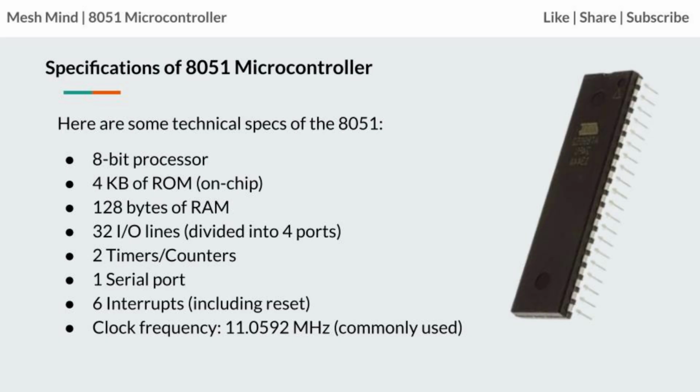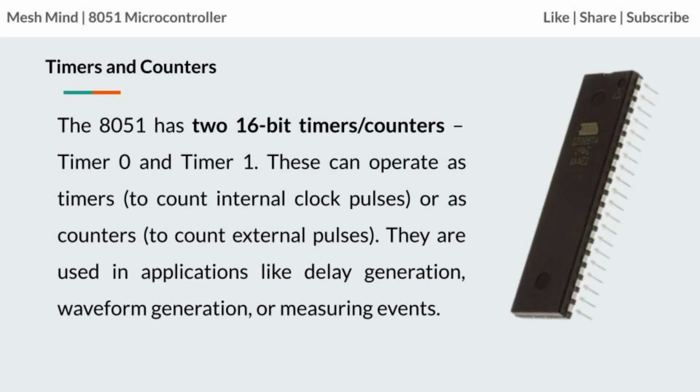Clock frequency is 11.0592 MHz, commonly used. And timers and counters. The 8051 has two 16-bit timers or counters, timer 0 and timer 1. These can operate as timers to count internal clock pulses or as counters to count external pulses. They are used in applications like delay generation, waveform generation, or measuring events.